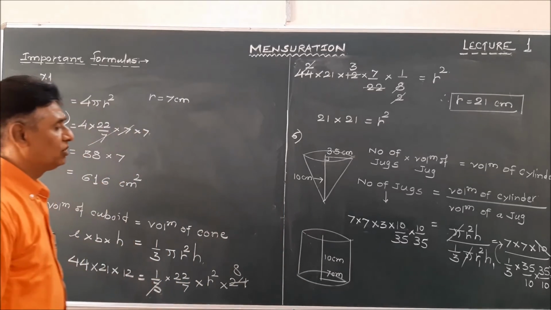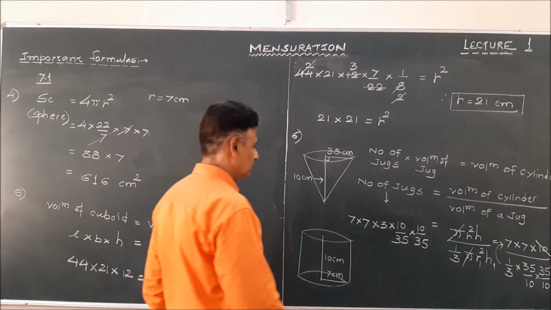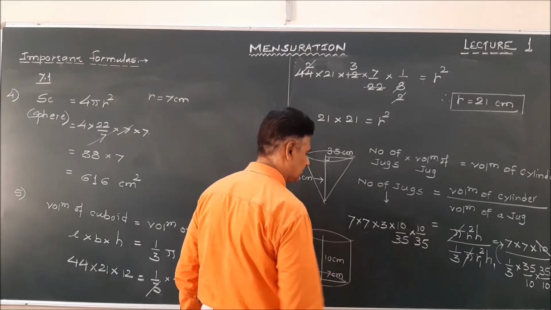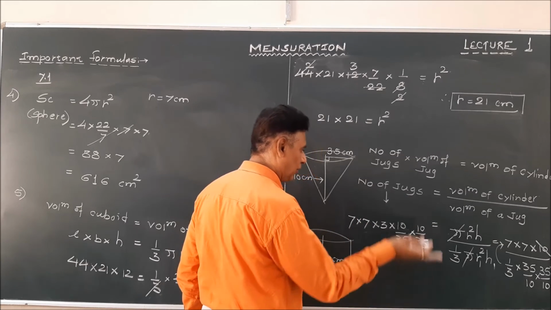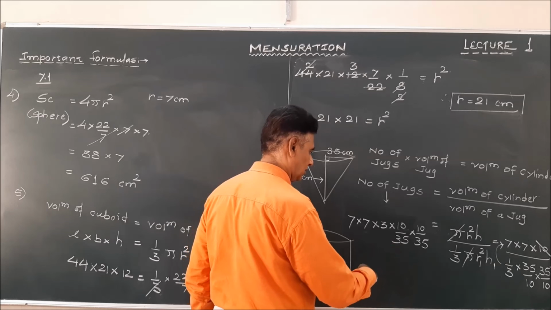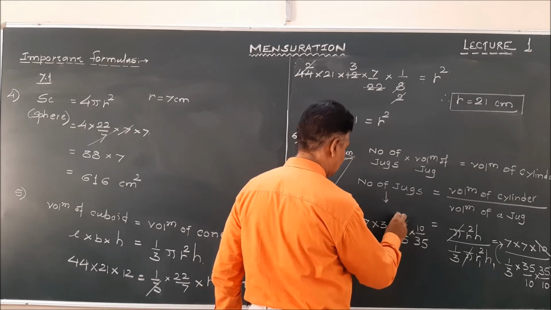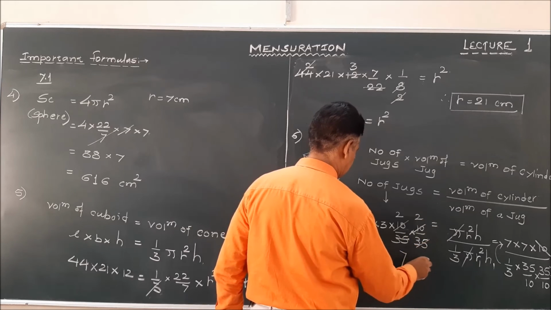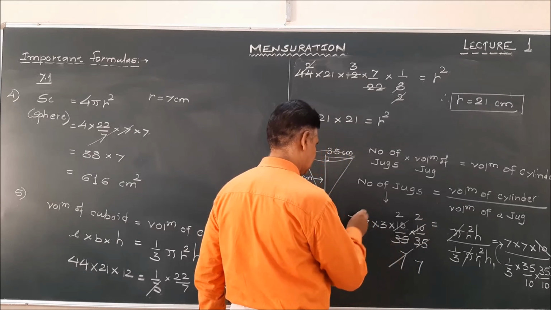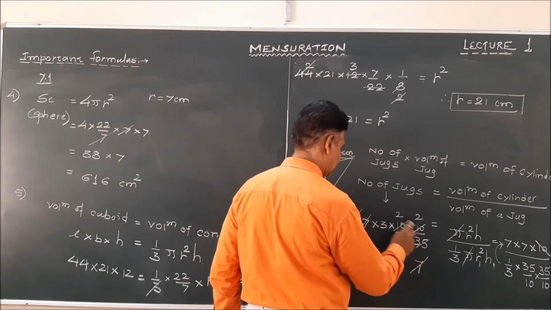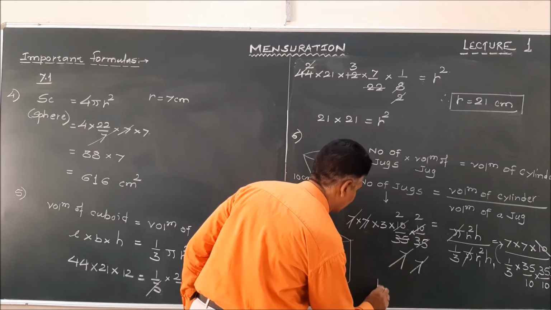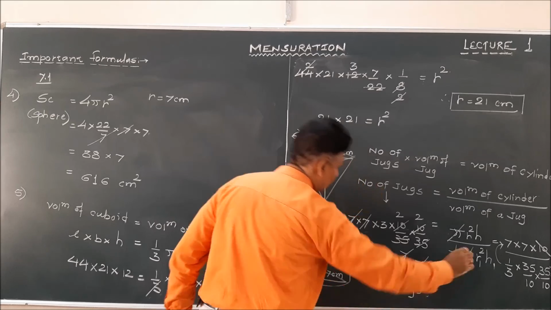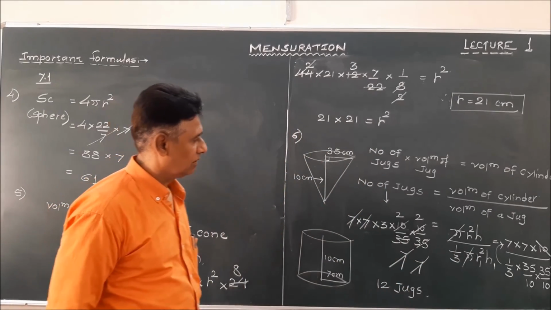Right? 7 into 7 from numerator. This 1 upon 3 becomes 3. 35 upon 10 becomes 10 upon 35. Okay? 5 2s are 10, 5 7s are 35, 7 cancelling, 7 cancelling. 2 2s are 4, 4 3s are 12. 12 jugs. Number of jugs are 12 jugs.